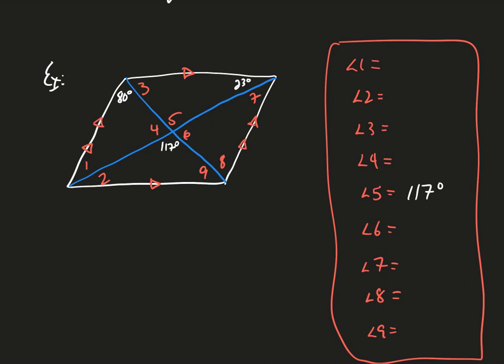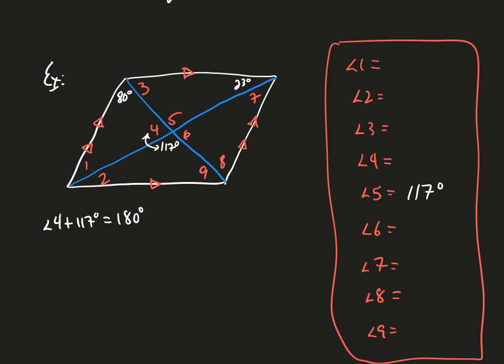Another one that's pretty easy is if you remember that any two angles right next to each other like that, along a straight line, form what's called a linear pair. A linear pair means two angles that are adjacent to each other that add up to 180 degrees. So angle 4 plus 117 has to equal 180.